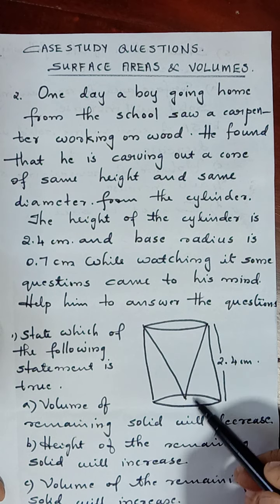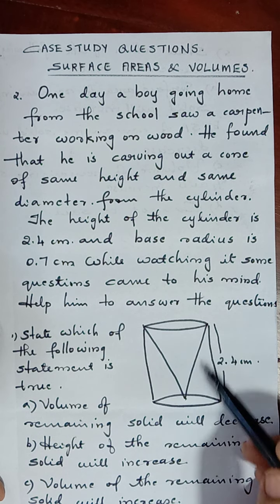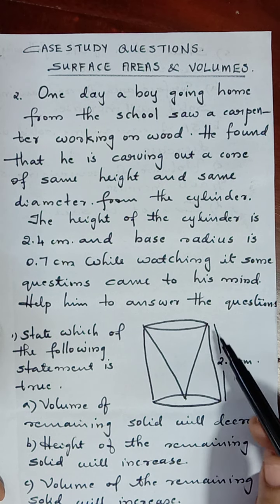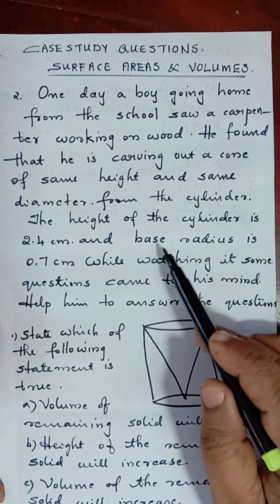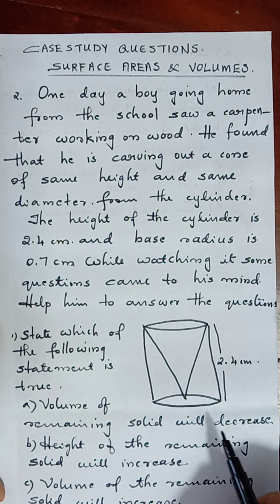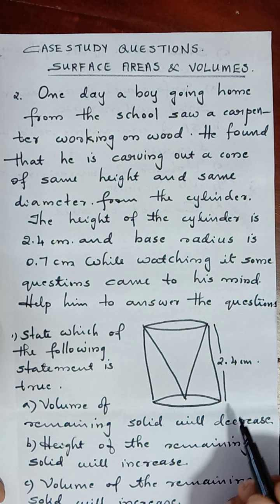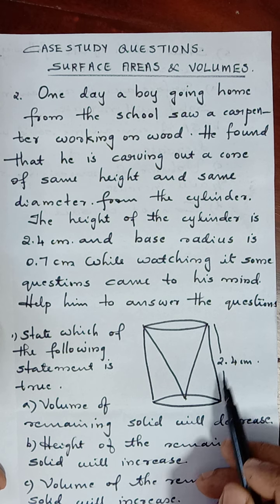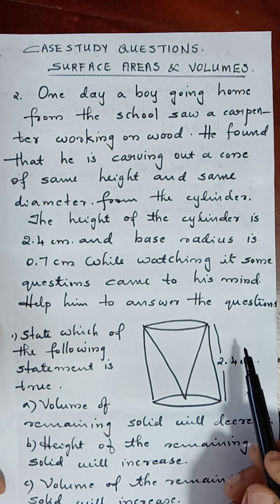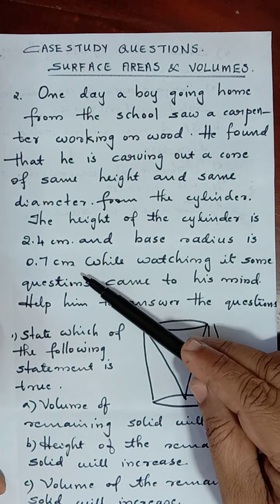A cone is carved out. Cylinder as well as the cone both are having height 2.4 meter and its radius is also given. Base radius is 0.7. Both are having same radius and also height. Base radius is 0.7 centimeter.